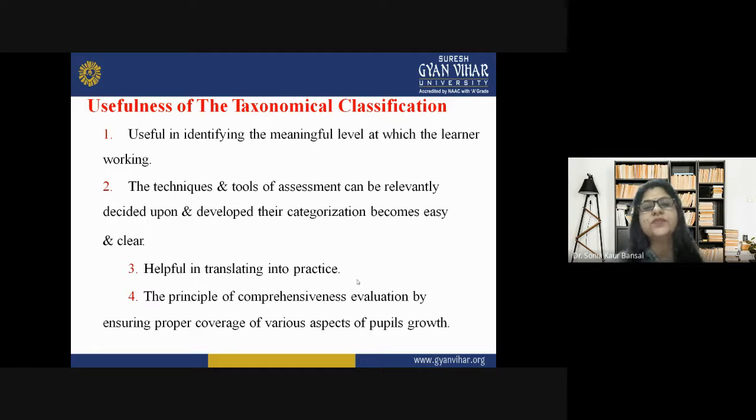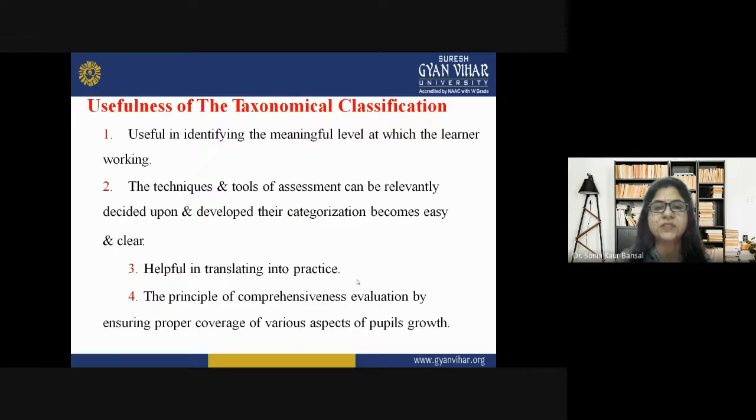Then the techniques and tools of assessment can be relevantly decided upon and developed, and their categorization becomes easy and very clear. It is also helpful in translating into practice the principle of comprehensive evaluation by ensuring proper coverage of various aspects of pupil growth.